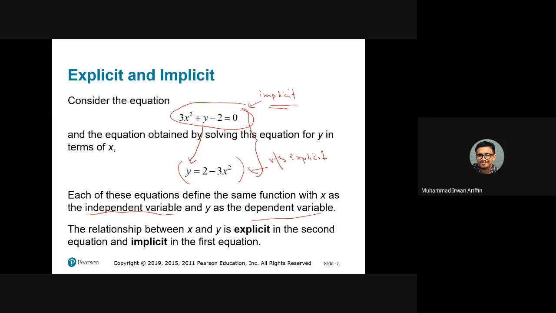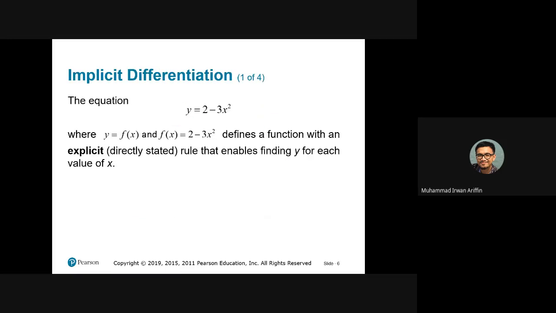There is an explicit relationship between these two variables, while in this function the relationship is implicit. Now, let's have a look at this example. This is an explicit function.